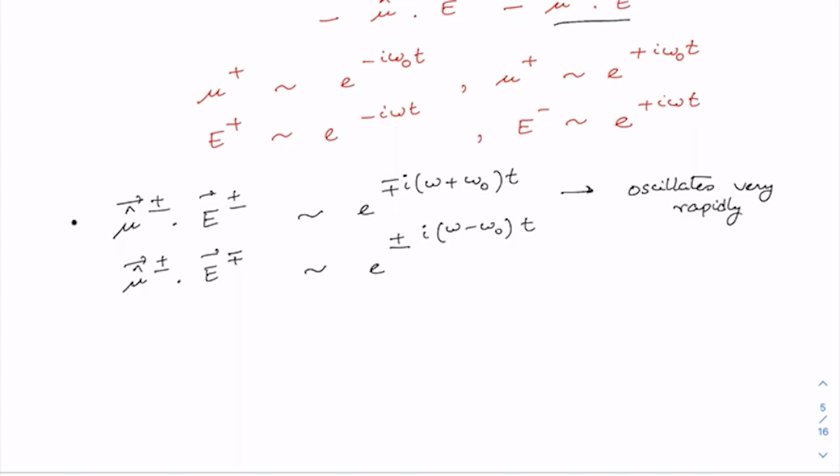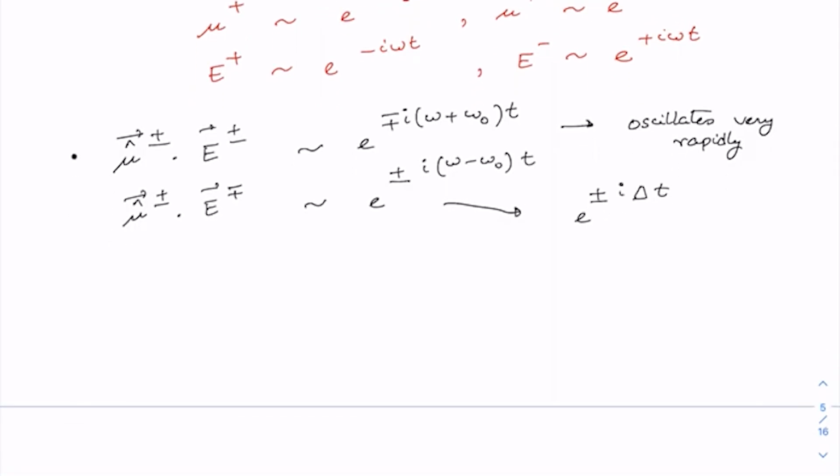On the other hand, these two terms oscillate with frequency delta, that is the detuning parameter, and that means that out of these four terms, two terms will oscillate very rapidly.